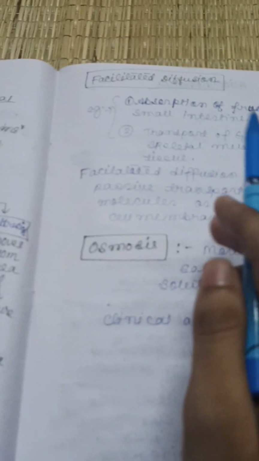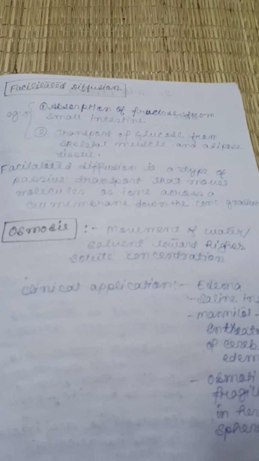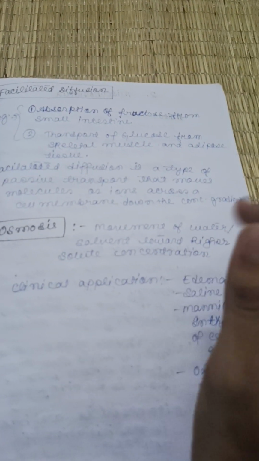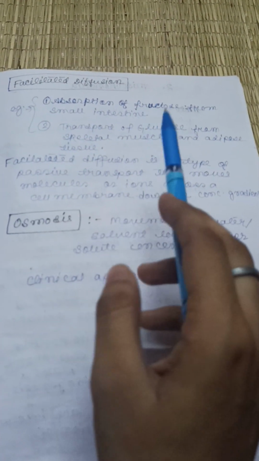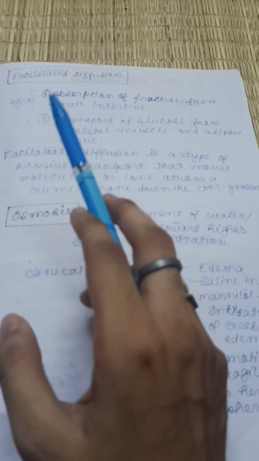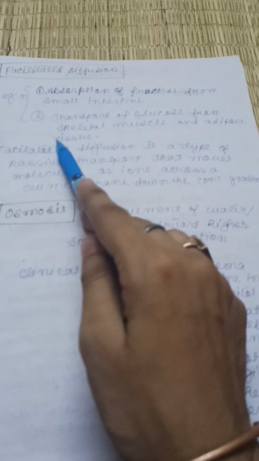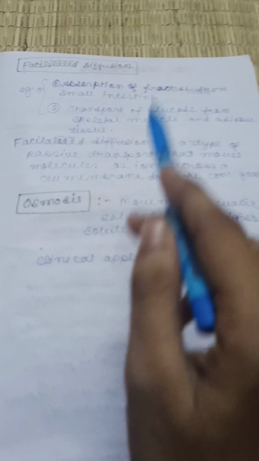And facilitated diffusion is a type of passive transport that moves molecules or ions across a cell membrane down the concentration gradient. Examples are absorption of fructose from small intestine and transport of glucose from skeletal muscle and adipose tissue.